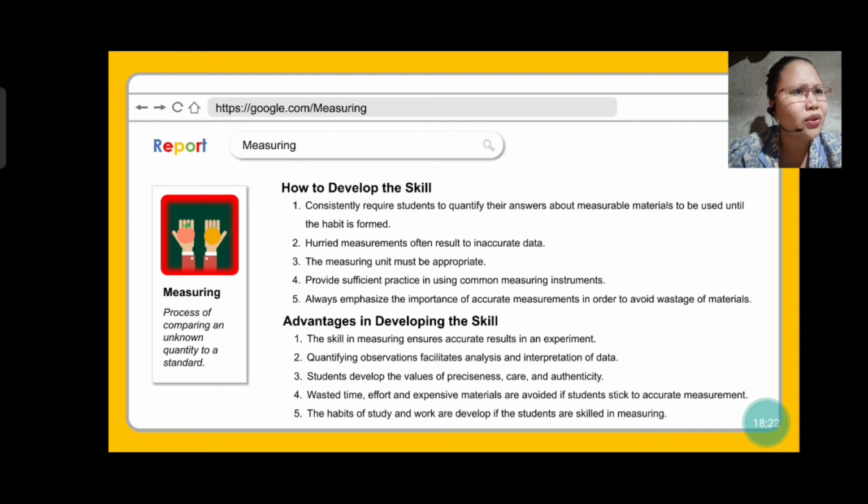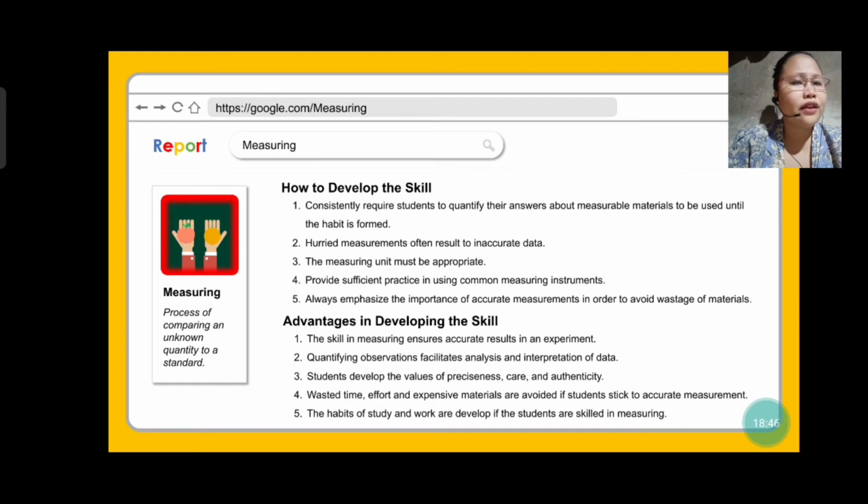Kung sobra atong materials, dili na siya magamit, and then it will be wasted na. To avoid that, the advantage of the skill of measuring is that the students will stick to accurate measurement.